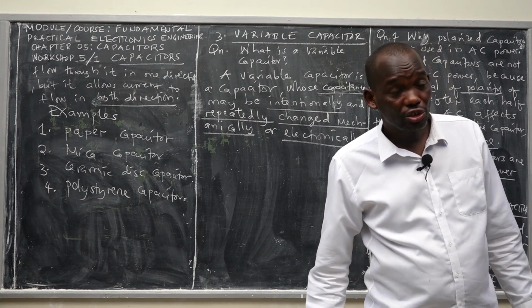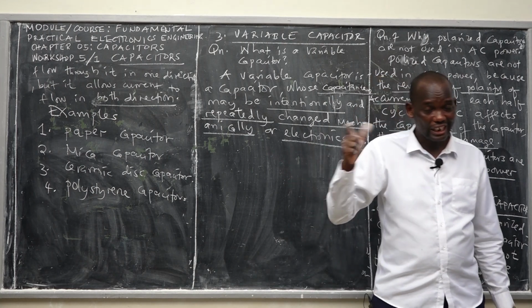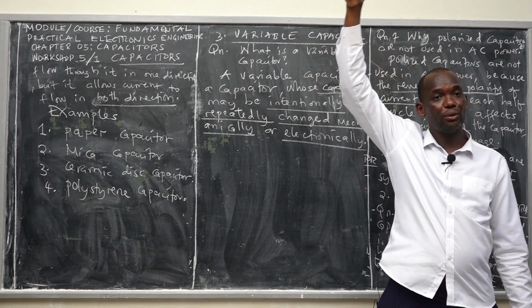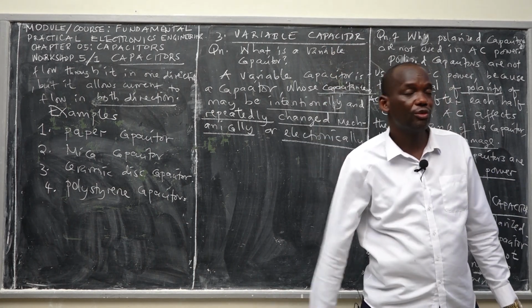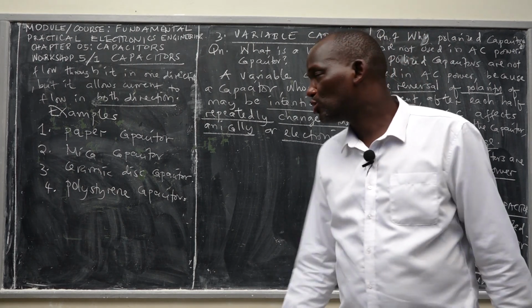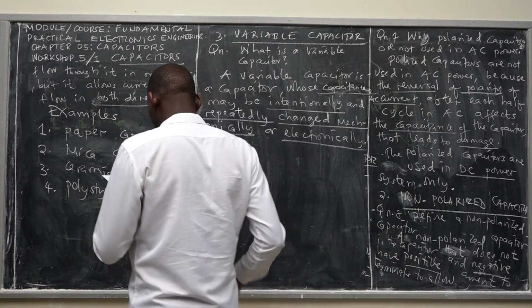Are we together? That is no longer mechanical, it's electronic. You're using an electronic circuit to rotate the dish on the roof of your house. So that is the meaning of a variable capacitor.